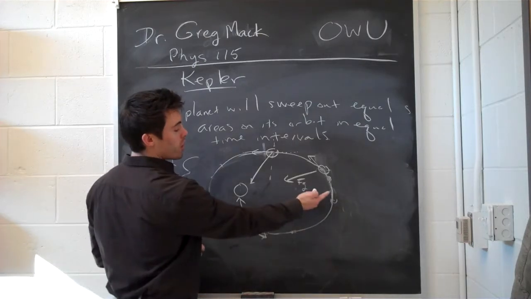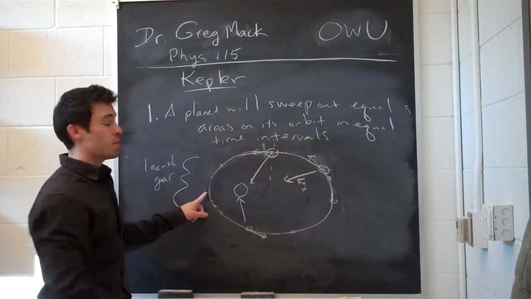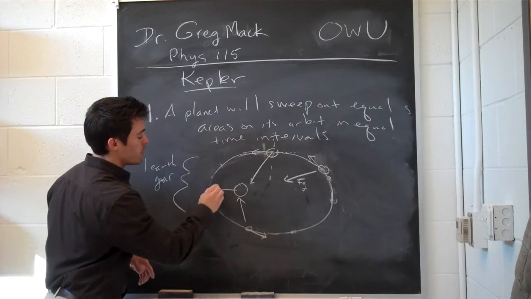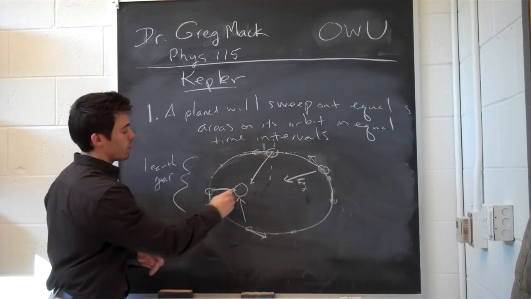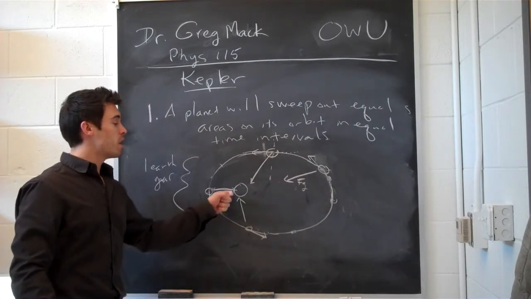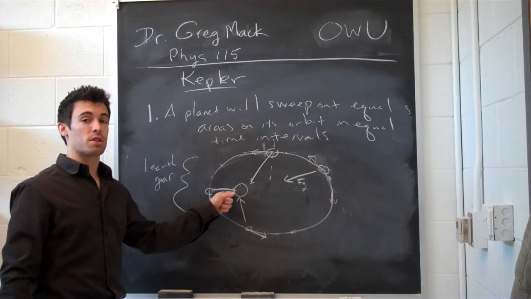So, once you start here, it increases the speed, increases the speed, all the way to here, where it is, at this point, perpendicular. You have a relationship between the tangential part of the orbit and the gravitational force, which means that it is just changing direction here, it's not changing speed.